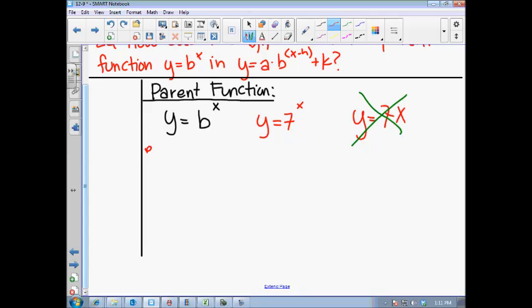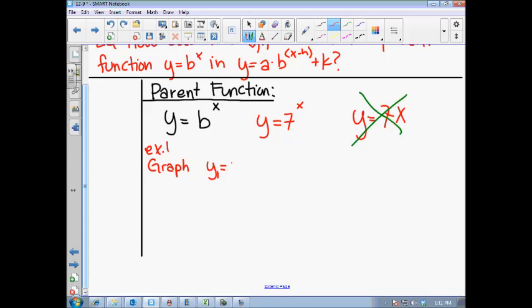Alright, so for example 1, we're going to graph, which is why I'll give you rulers. I haven't gotten out the crayons yet. We'll do that in a sec. We're going to graph 3 different graphs on the same coordinate plane. So when we do this graph, it has to be large enough that we can hold all 3 and it won't be confusing. So y1 will be our parent function.